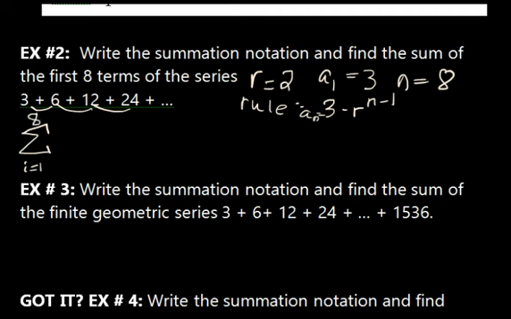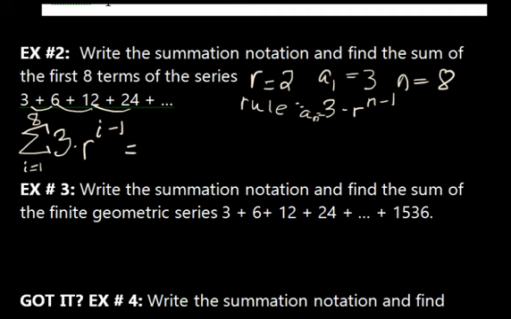That is where we start, that is where we end, and we also have our rule that we need to insert into this notation. So I have 3 times r to the i minus 1. i is generally used, same with j and k. We can also use n, but i is most often used.